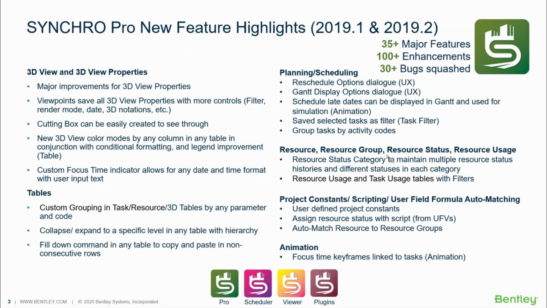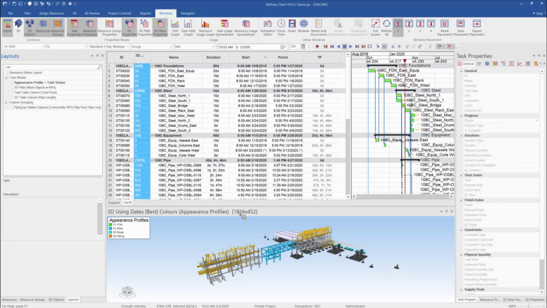Overall, I think the 2019 releases have been great, and I do want to talk about a few of them that I am particularly interested in. Okay, so going back to my Pro.